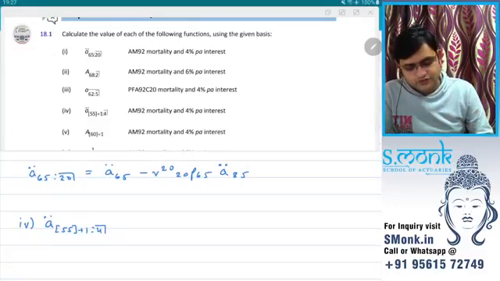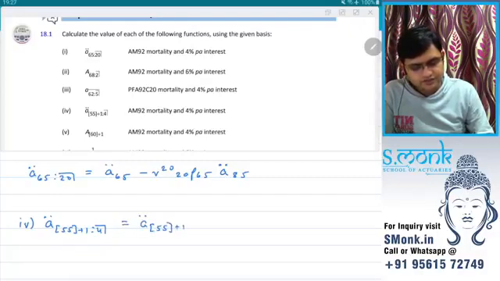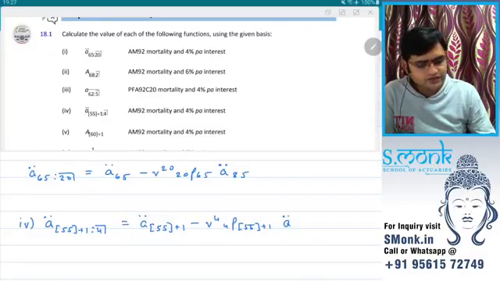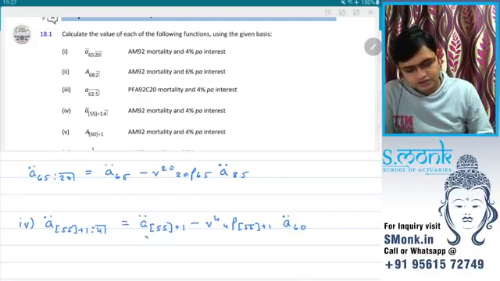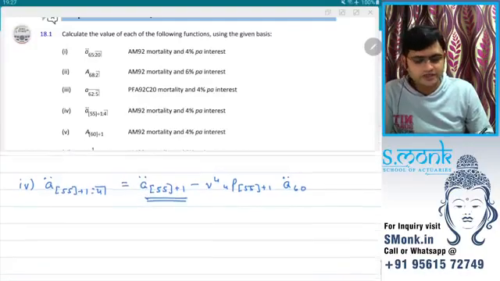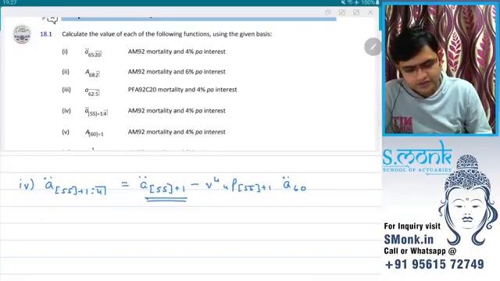So for this we'll have ADU select 55 plus 1 minus V raised to 4p select 55 plus 1, and then after 4 years there will be no select period, so ADU 60. We talked about how to calculate this last time, in chapter 18 only. I gave you a formula for calculating this.